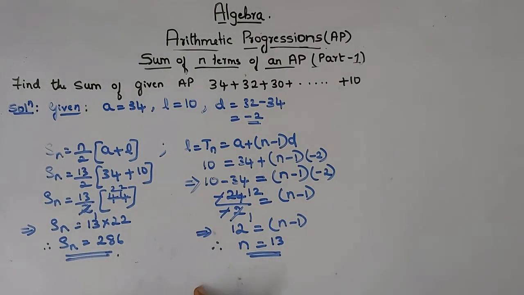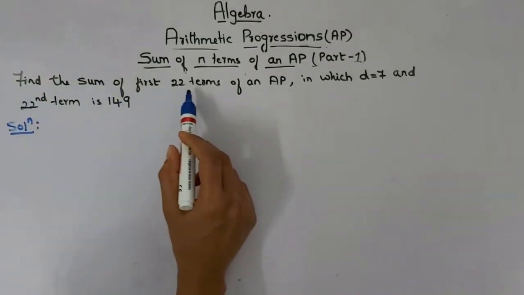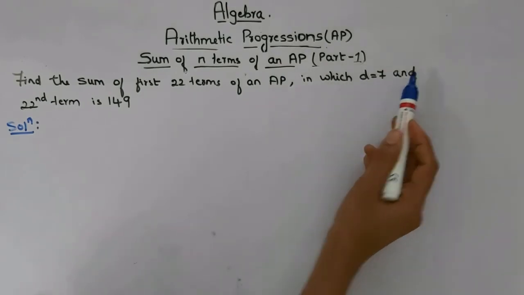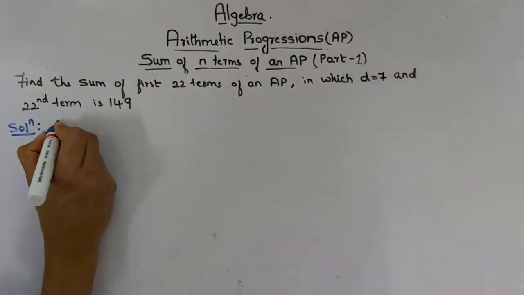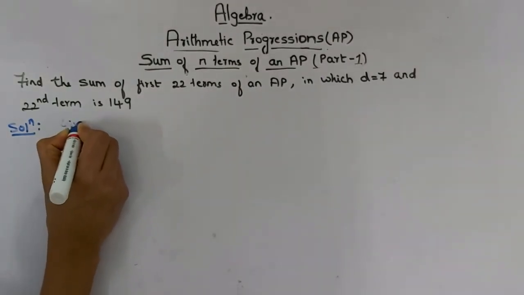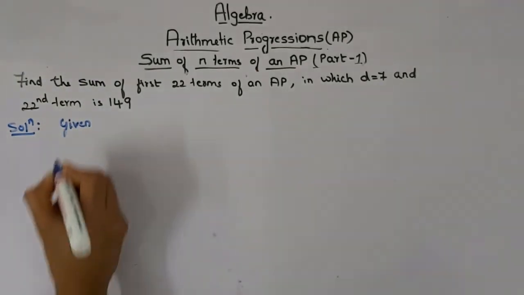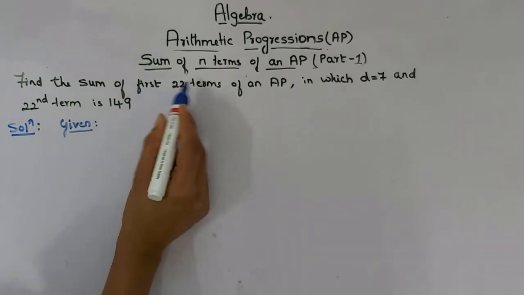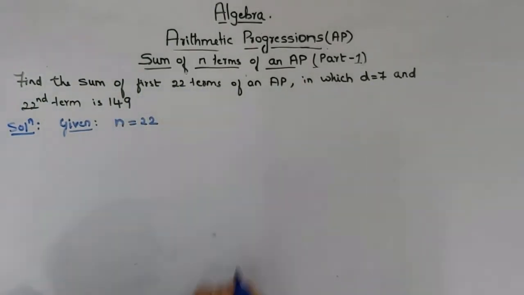So we will see one more example. Here it says find the sum of the first 22 terms of an AP in which D is 7 and the 22nd term is 149. So first let's write what is given. Here, find the sum of the first 22 terms, so n is 22, right?